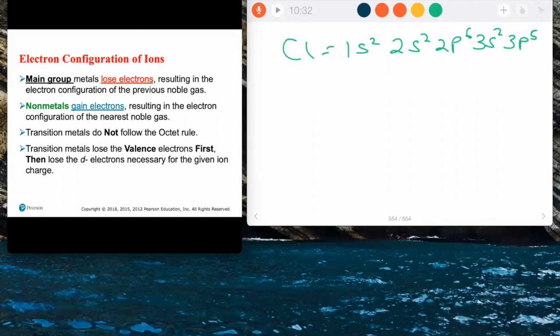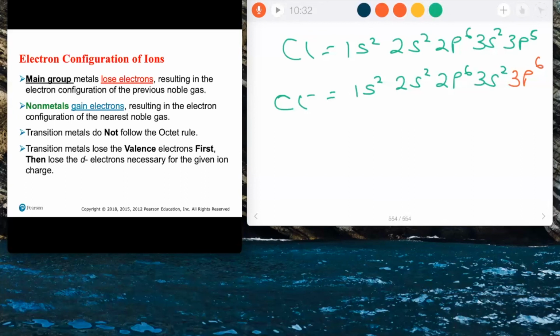Remember, an overall charge of -1 means we have an extra electron, and what you'll end up with is 1s2, 2s2, 2p6, 3s2, and then here 3p6. We have added an extra electron for the chloride ion. I think for the s and p block elements, it's very easy to write electron configurations for ions.